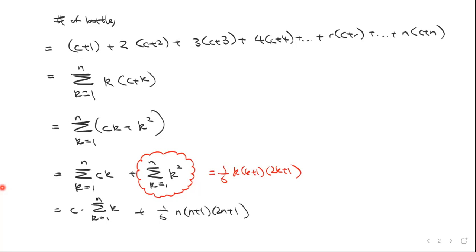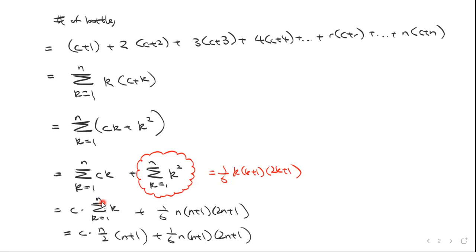Now think of what this means. This is just 1 plus 2 plus 3 plus 4 all the way up to N, which is N over 2 times N plus 1. So that really is your expression.